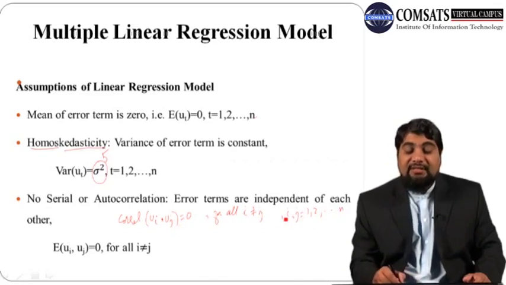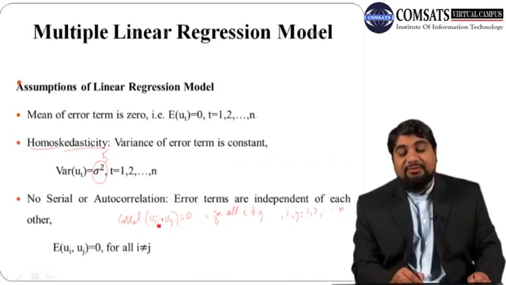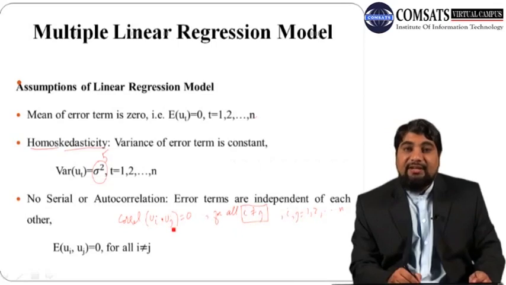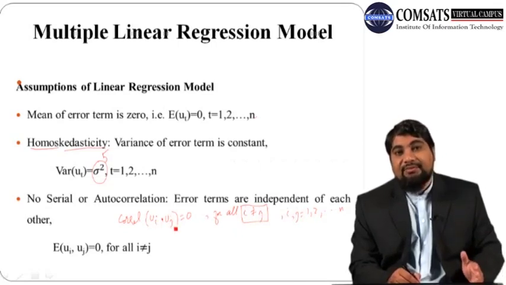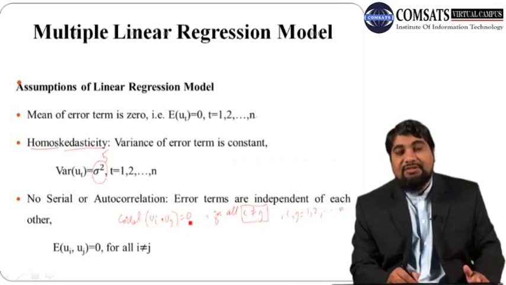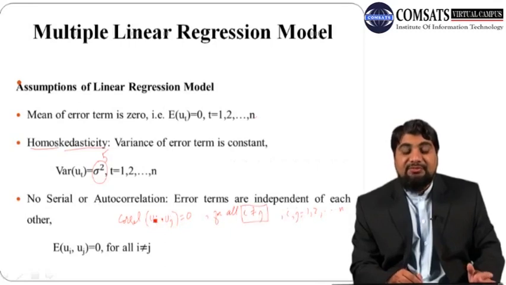So it means when i is equal to 1, so u1, and j is different from 1, so i and j must be different. So j can take values 2, 3, 4 and so on. So it means correlation of u1, u2 is 0, u1, u3 is 0, u1, u4 and so on, u1, un.